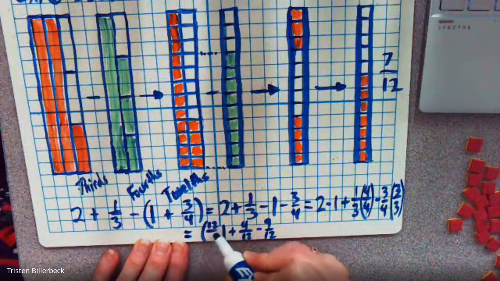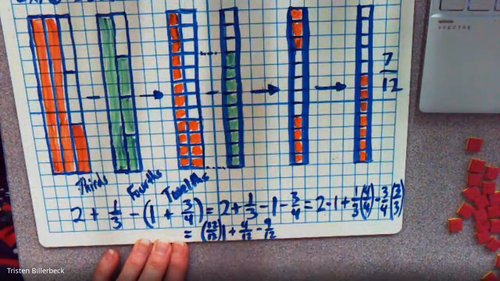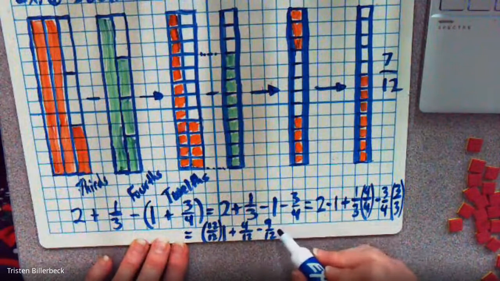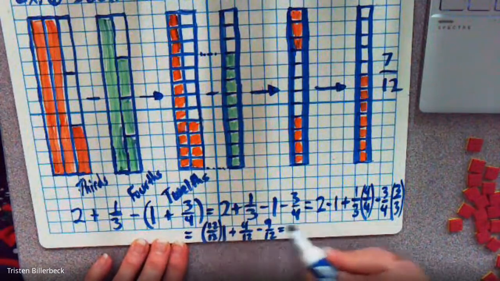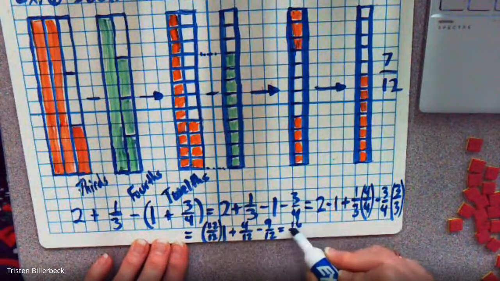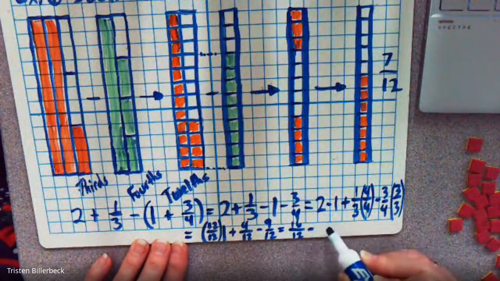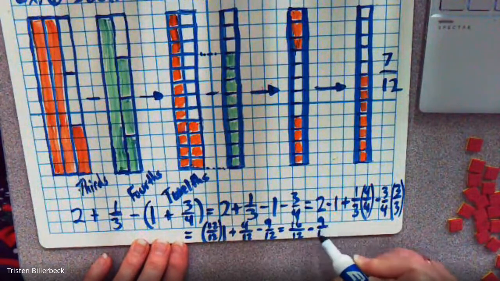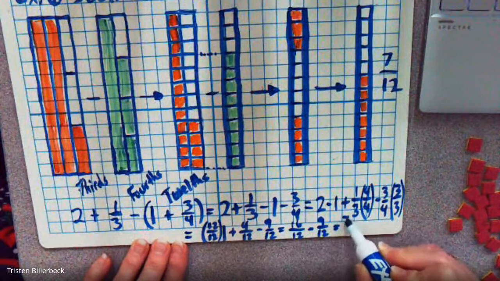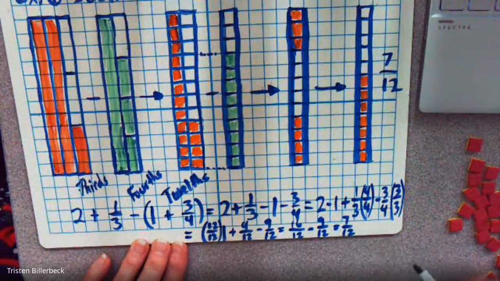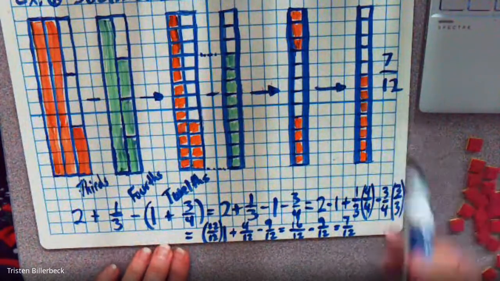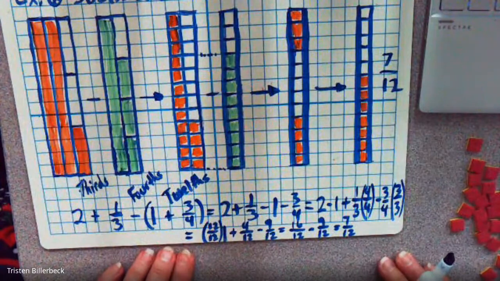So I'm going to have to multiply by 12 over 12, which is just 1 as well. So now I have 16 12s minus 9 12s, which is 7 12s. And that's exactly what we got, 7 12s.